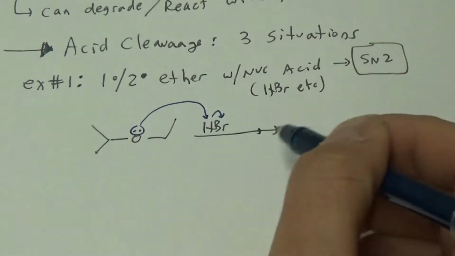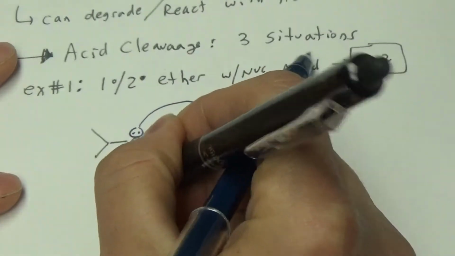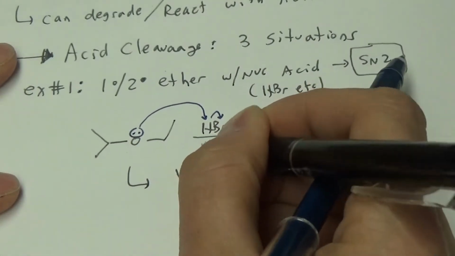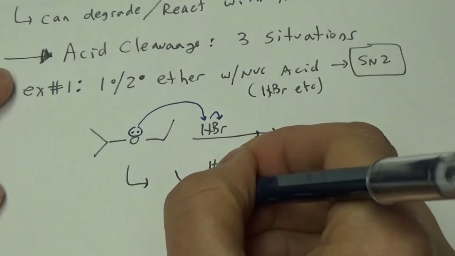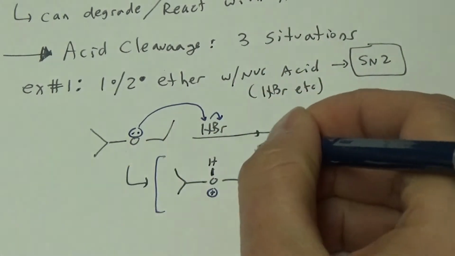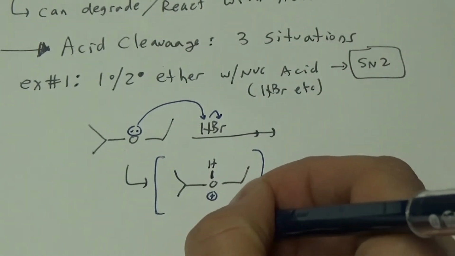So the oxygen is going to act as a base, grab the proton, and I draw the proton on the top. It'll help us when we're thinking about this. Okay, so we have the protonated ether, and we have Br minus, right?